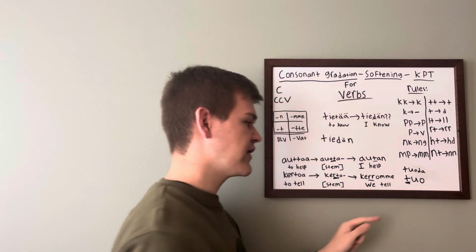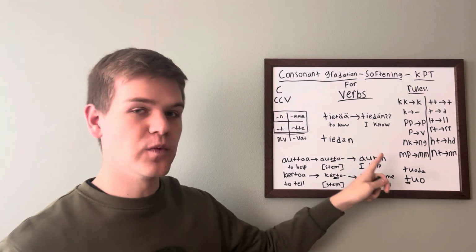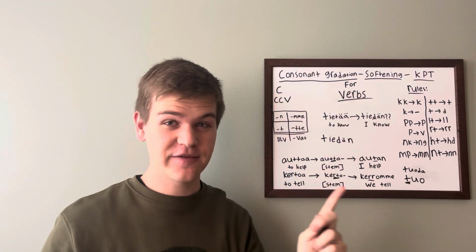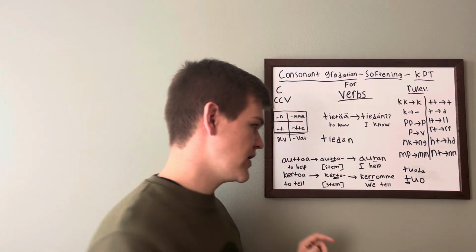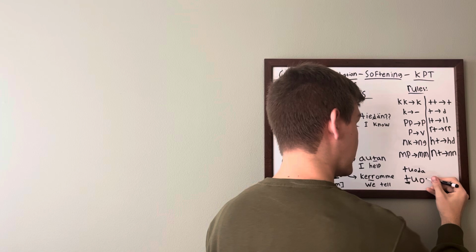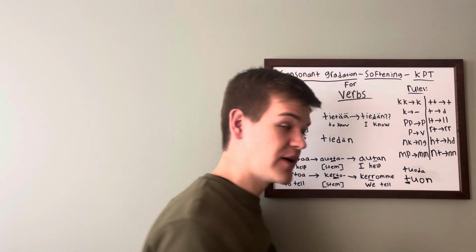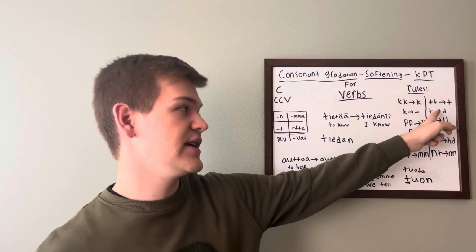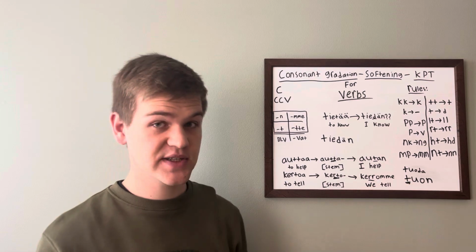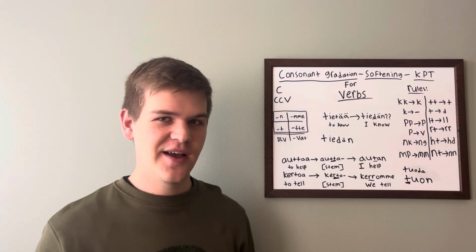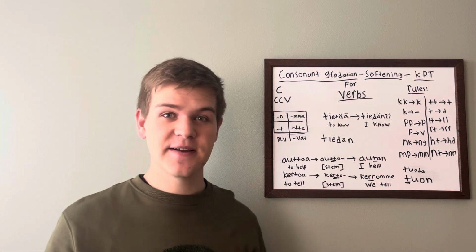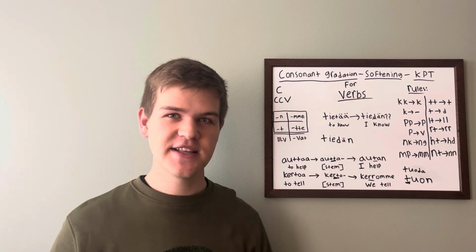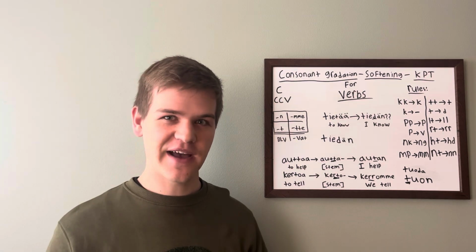If you ever have this, where the one you would soften is the first letter of the word, you also don't soften. So tuora would go to just tuon. We don't have to soften it, even though T goes to D, if it's the first letter of the word. But that should be everything you need to know. So let's get into a little practice, and hopefully it'll start to make more sense as you see more and more examples of how this works.